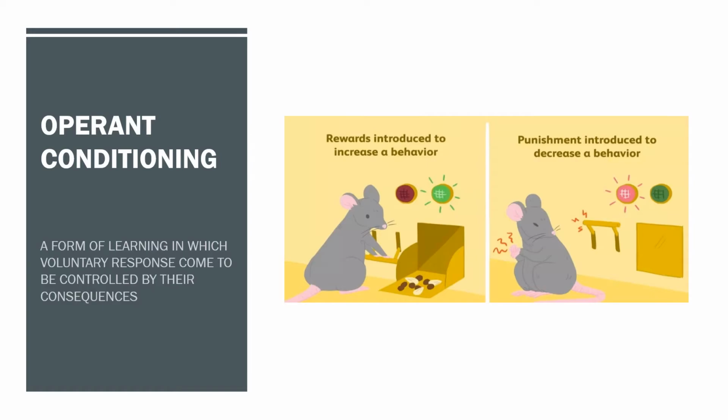This continued for the third, fourth and fifth time, and after a while the hungry rat immediately pressed the lever once it was placed in the box. Then the conditioning was deemed to be complete. Here, the action of pressing the lever is an operant response, or we can call it operant behavior, and the food released inside the chamber is the reward.